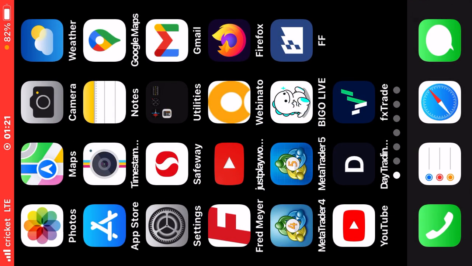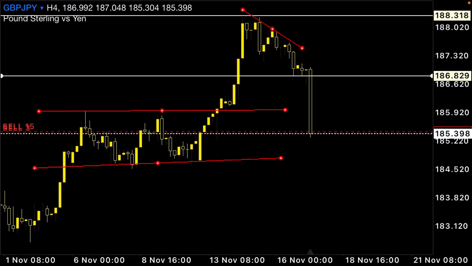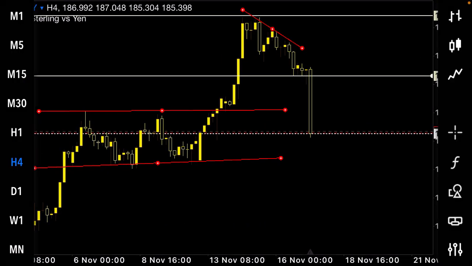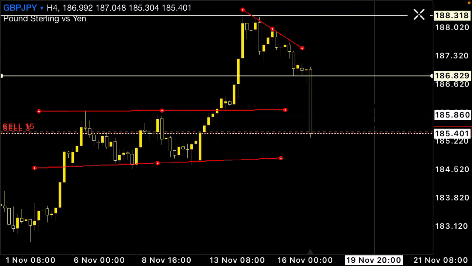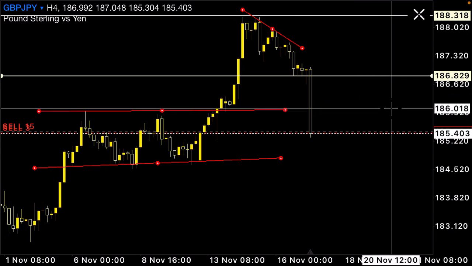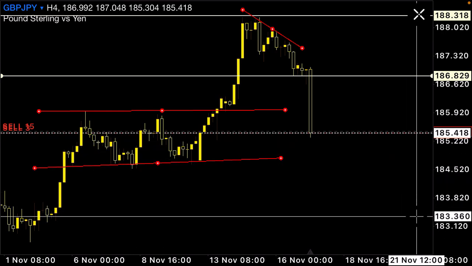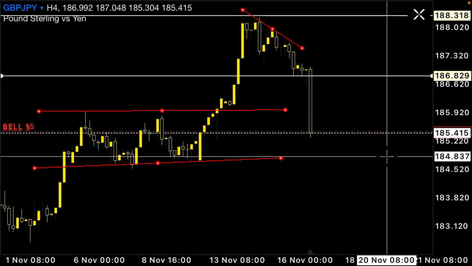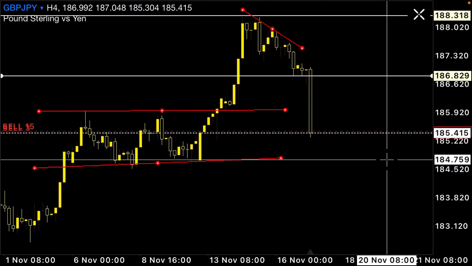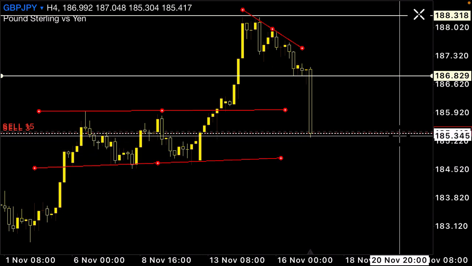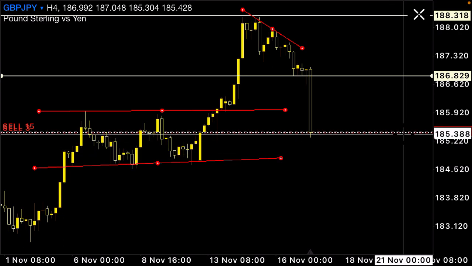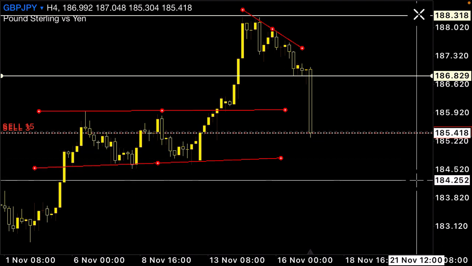Or just let it keep running, and bring a stop loss all the way down here above the channel, somewhere in there, because there's always the opportunity that it'll keep going down the next day. And at that point, when it comes out of the channel, it would come back for a retest, and then place another trade on it, and then hopefully it'll keep going.